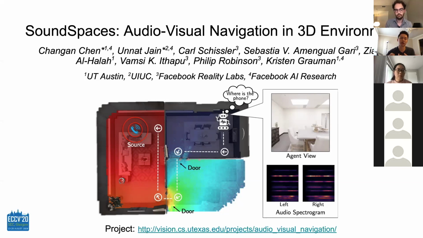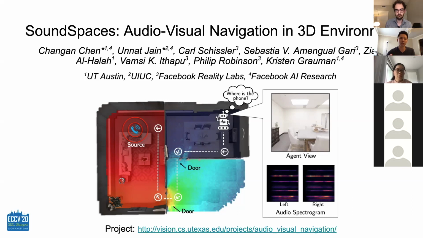The model itself is pretty robust to microphone noise. In terms of other objects that make sound, in the current work the goal is only specified by the sound of the target object. So if we have another sound, the agent cannot differentiate them.